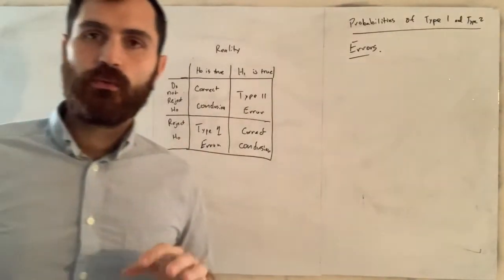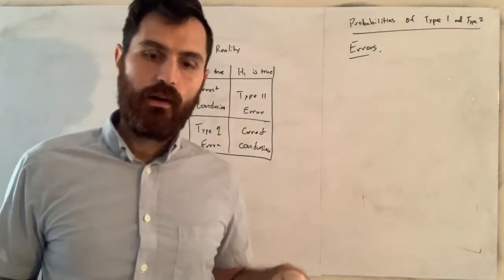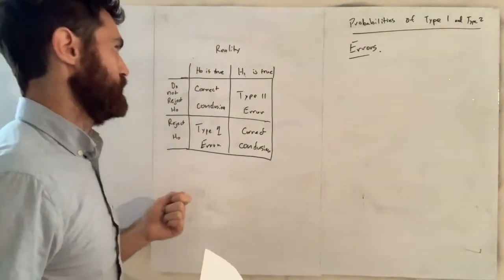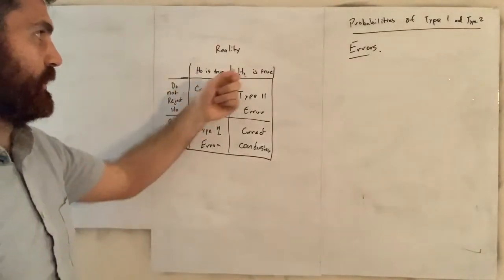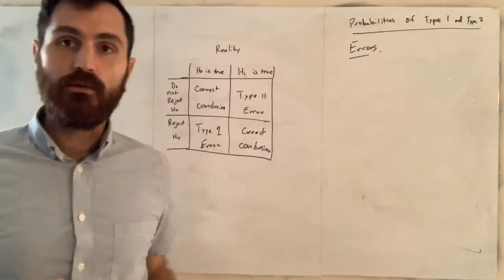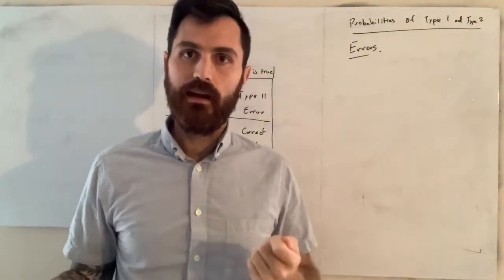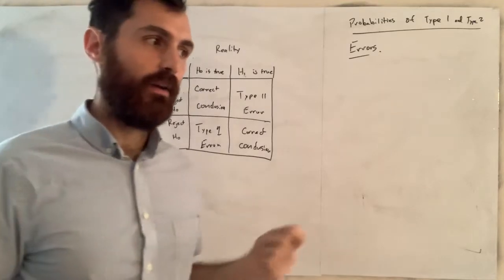So since we're assuming the null hypothesis is true, our H0, our null hypothesis, and our alternative hypothesis are going to be mutually exclusive. Like, a person can't be guilty and innocent at the same time. They have to be one or the other, not the same.